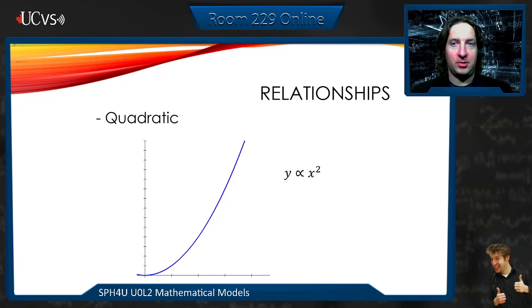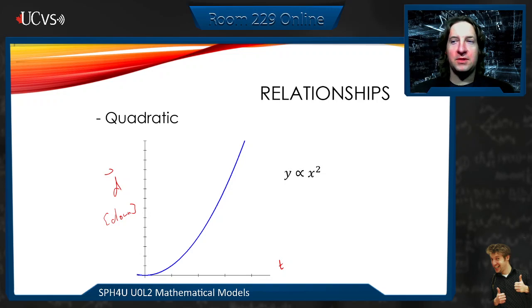In the same way, we can talk about quadratic relationships, where something increases as a square of the independent variable. For example, if I drop a ball, the distance that the ball travels in the downward fashion, so this is d down, with respect to time. Oh, sorry, you can't see that. Time is on the x-axis.